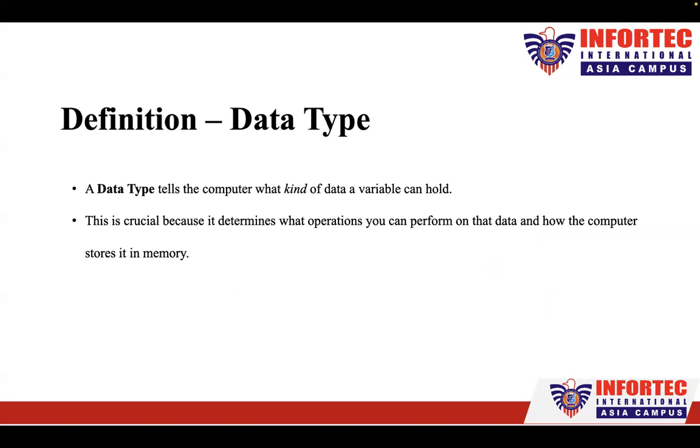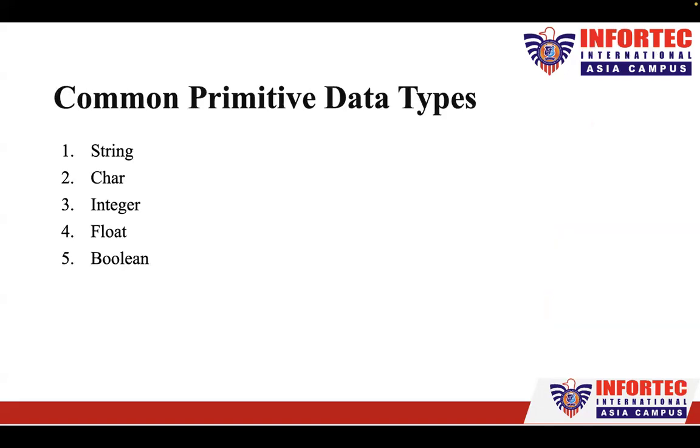When it comes to data types, these are the frequently used data types in our codes: string, char, integer, float, boolean. All of these are very frequently used data types in the industry. Other than these, we have some other data types called short and double, but we consider these the most popular data types.